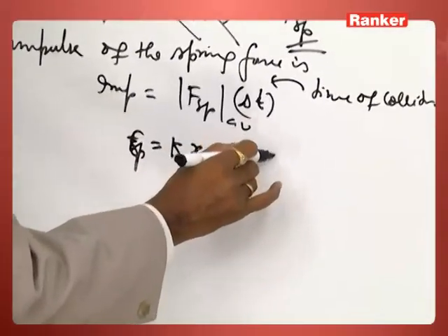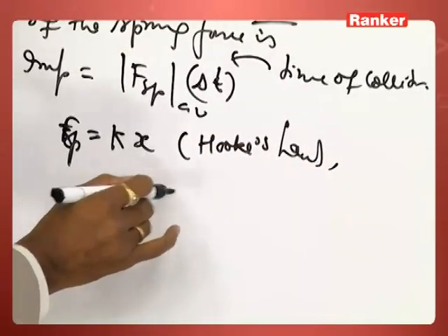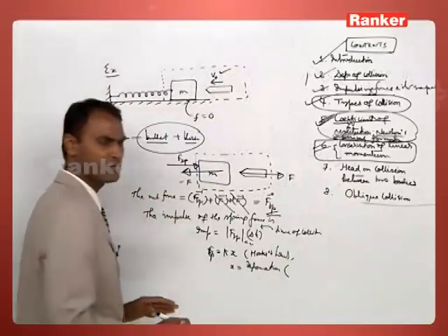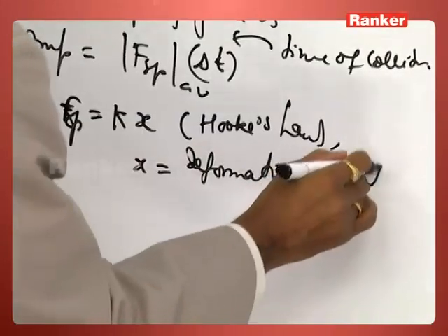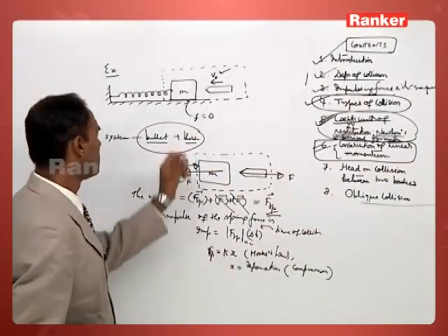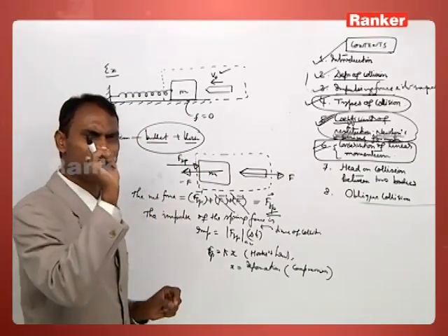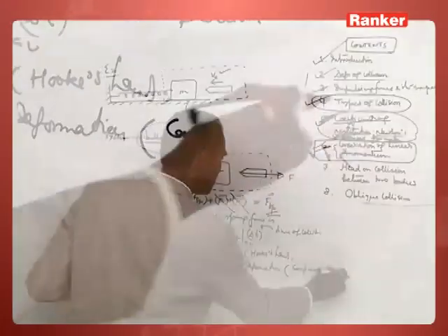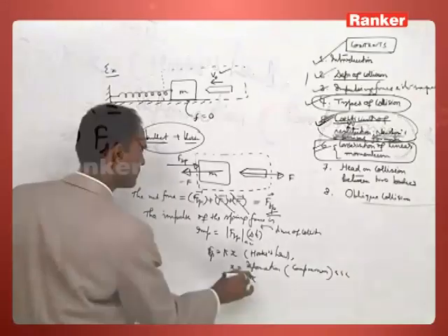That is in accordance with Hooke's law, where X is the deformation. It may be compression or elongation. In this case, it is compression of the spring. During a very small time of collision, the spring will get compressed very little. The deformation of the spring is very small. Therefore, the spring force is very small.